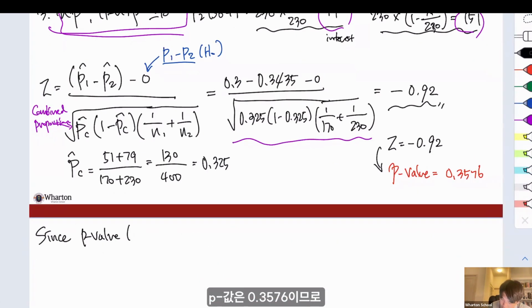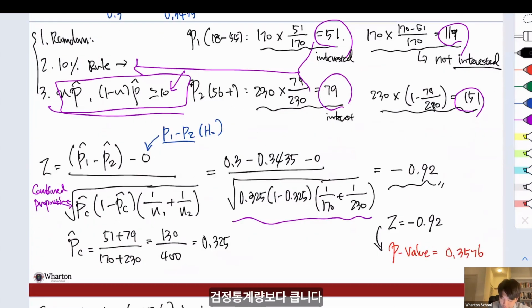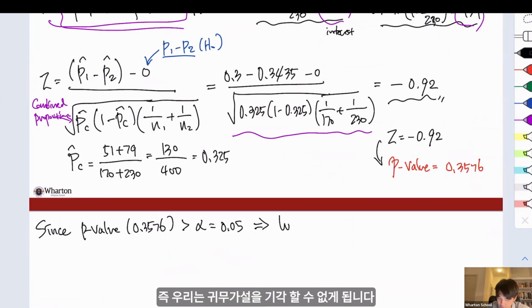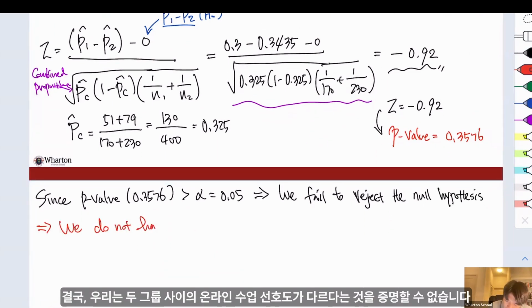Since our p-value of 0.3576 is greater than our significance level of 0.05, we fail to reject the null hypothesis. This means we do not have significant evidence of a difference in the proportion of center members aged 18 to 55 and those aged 56 and older who will be interested in taking online classes.